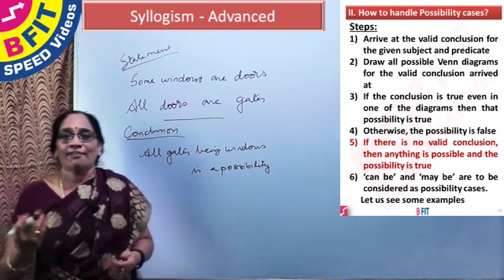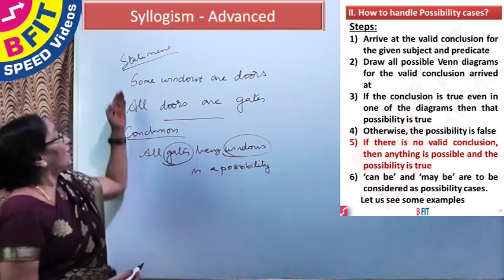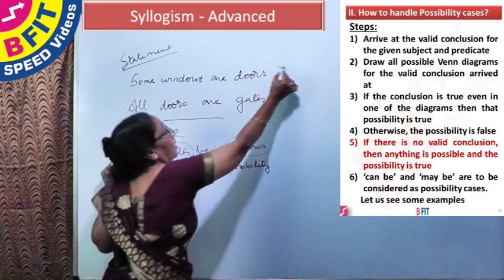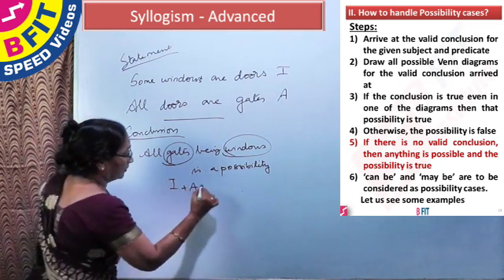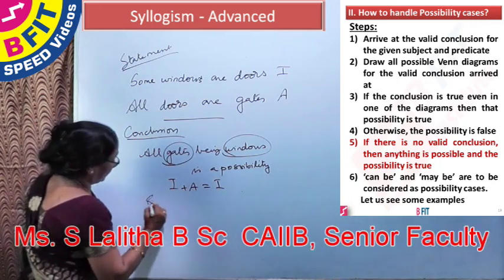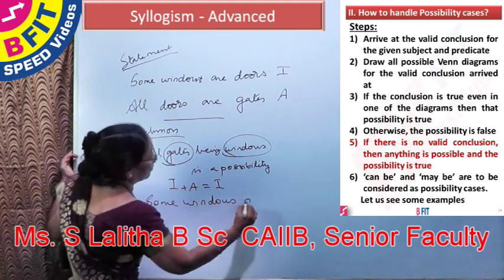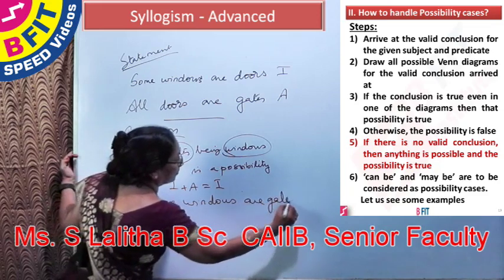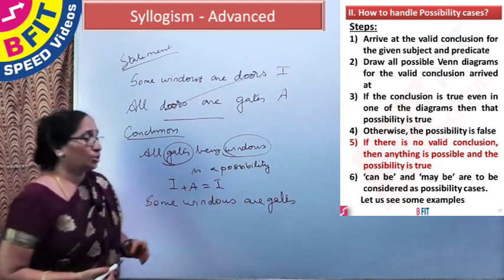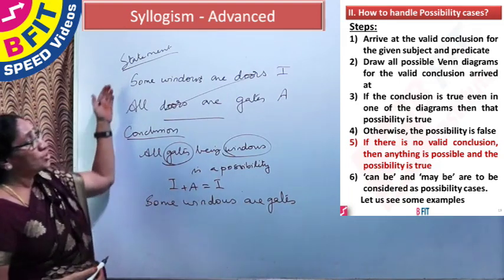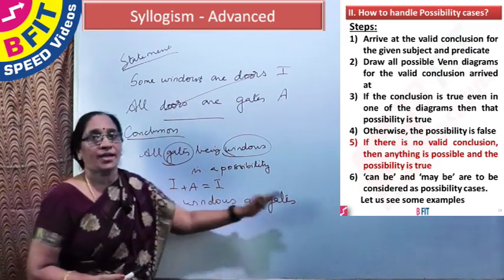First, we'll have to arrive at a valid conclusion for the given subject and predicate. So, we'll have to combine these two statements, which are I and A. This conclusion is a mediate conclusion, and we'll have to combine these two statements of I and A. After cancelling the common terms, we get some windows are gates.